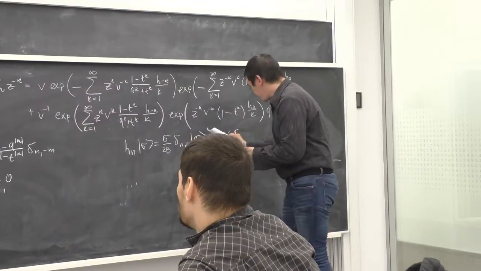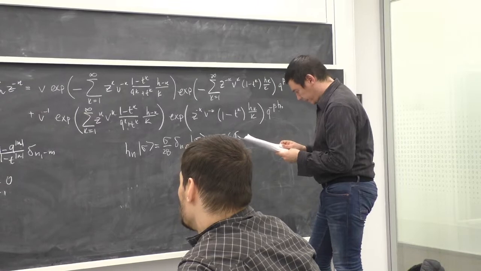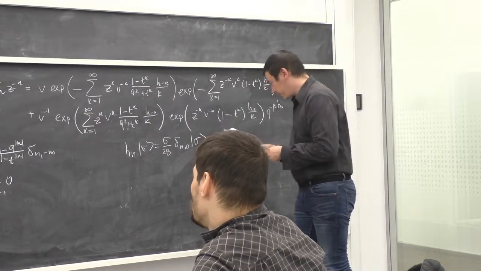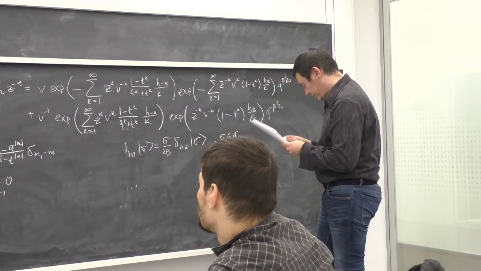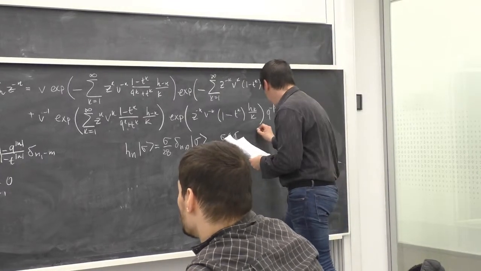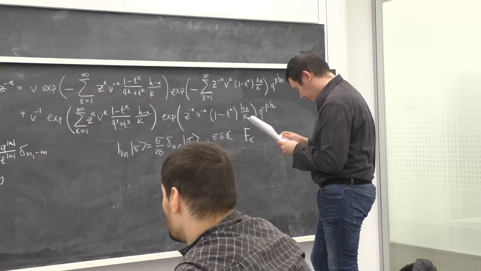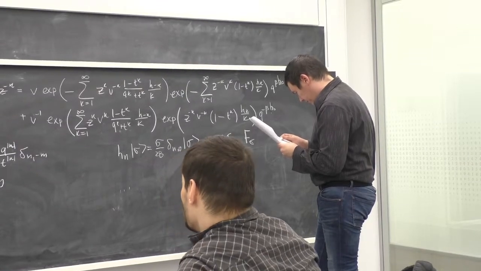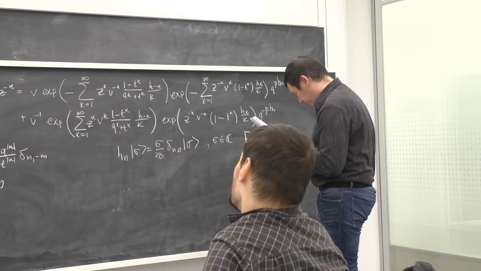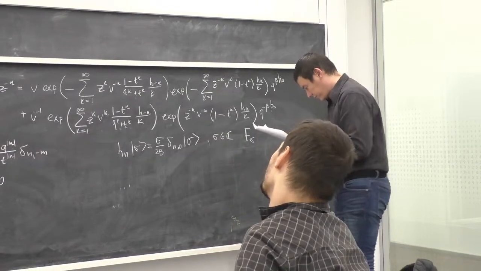You fix a complex number, which is called sigma, and then you act on a vector space F sigma. Isn't it just a Fock module? It is just a Fock module, of course.